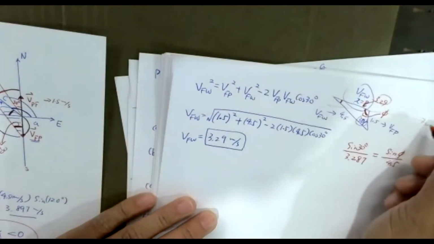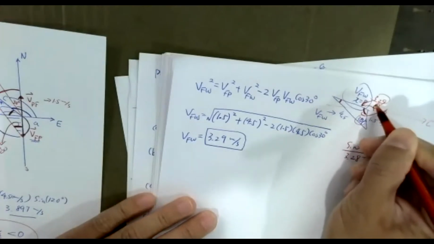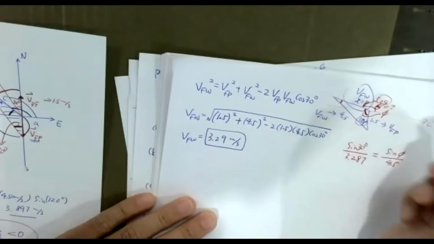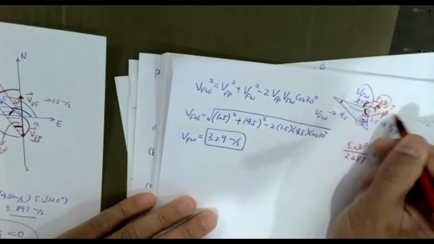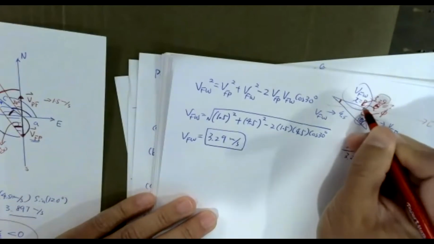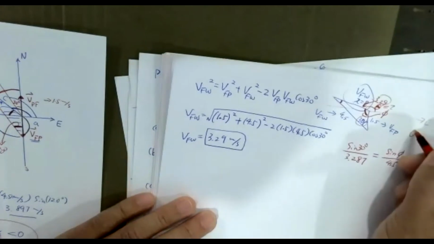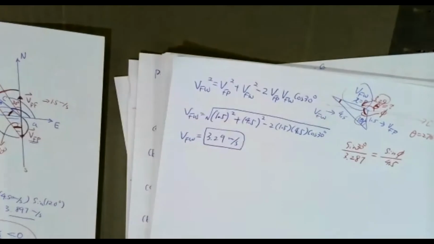If this is eastward, then this direction is the theta you are looking for. So if you can figure out phi, then from this over here is 270, right, minus this angle. So theta will be 270 minus phi. Okay.